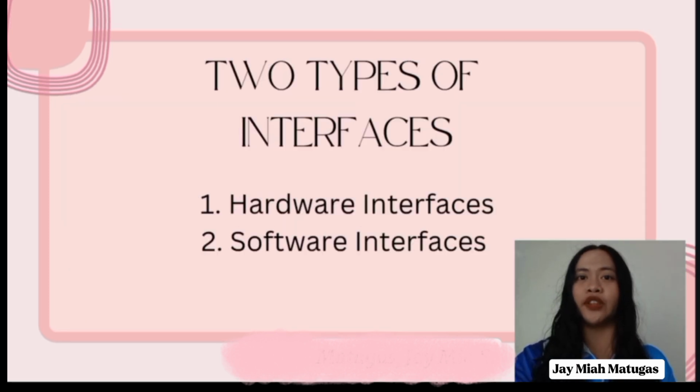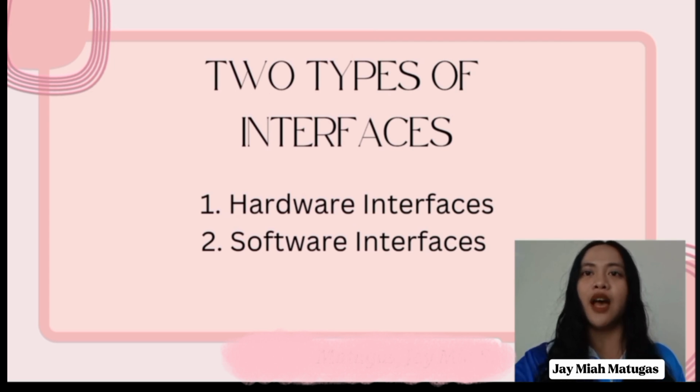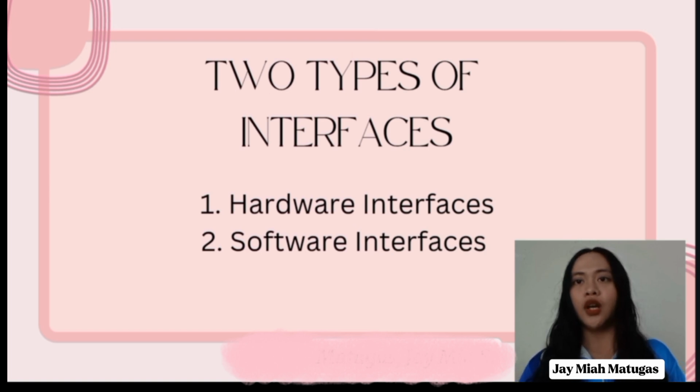There are two types of interfaces, hardware interfaces and software interfaces. When we say hardware interfaces, they help different physical parts of a device like a computer or phone connect and work together, like USB ports. Software interfaces help different apps or programs talk to each other and share information, such as how a photo app saves a picture.